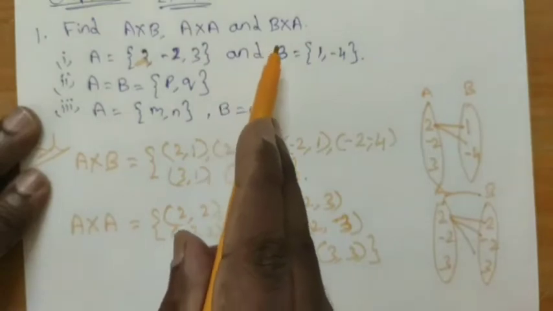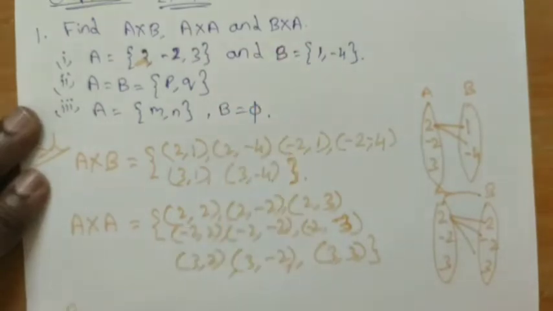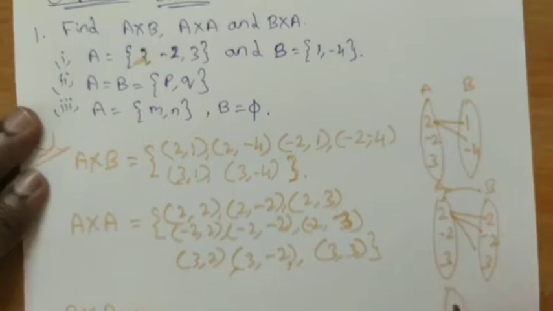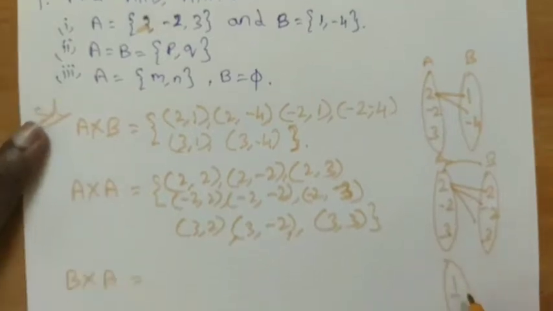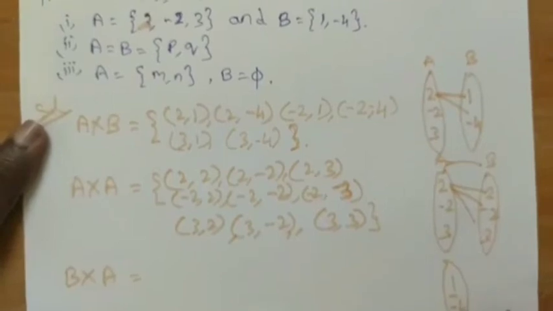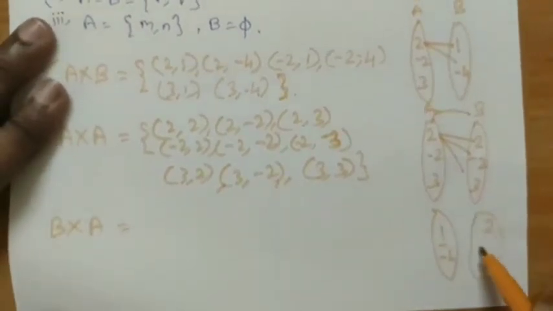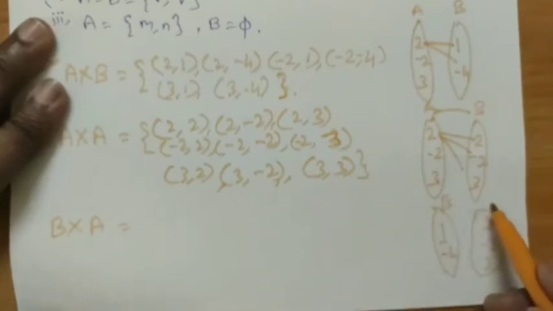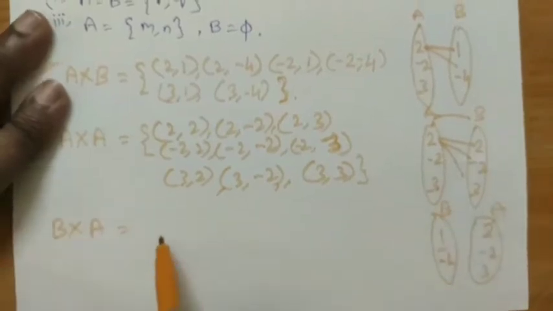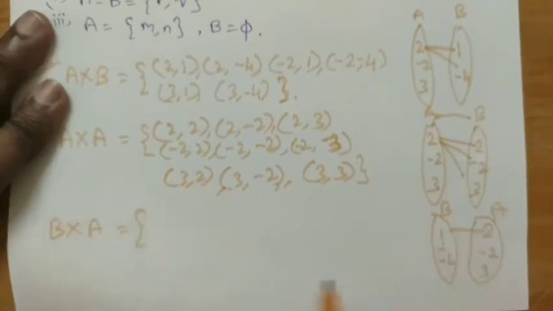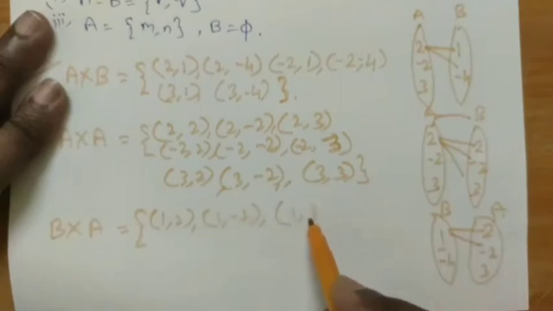Finally we have to find out B into A. Now B set into A set. The B set elements are 1 and -4, and then A set's elements are 2, -2, 3. This is B, this is A. Now the Cartesian product of these two: 1 is mapped with 2, (1, 2), and 1 is mapped with -2, (1, -2), and 1 is mapped with 3, (1, 3).